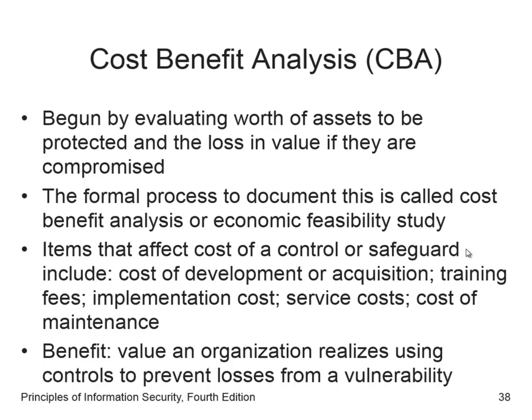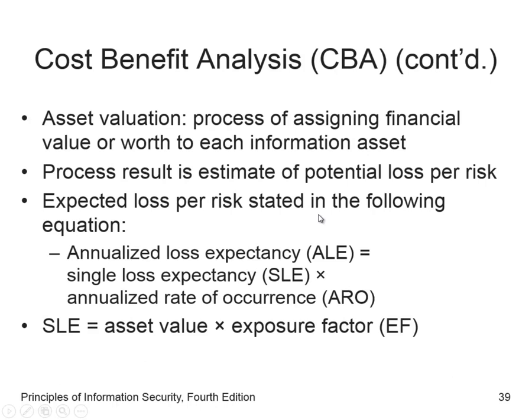Some of the factors that impact the cost of a control or safeguard include the cost of development or acquisition, the training fees, cost of implementation, service costs, and cost of maintenance after the implementation. Once an organization has estimated the worth of various assets, it can begin to examine the potential loss that could occur from the exploitation of the vulnerability or a threat occurrence.